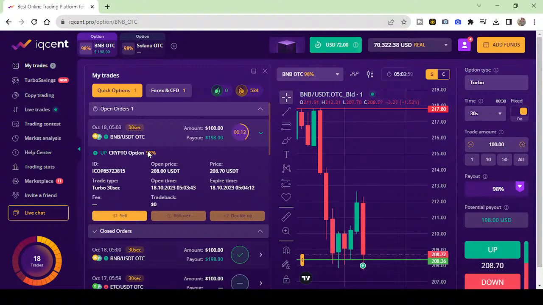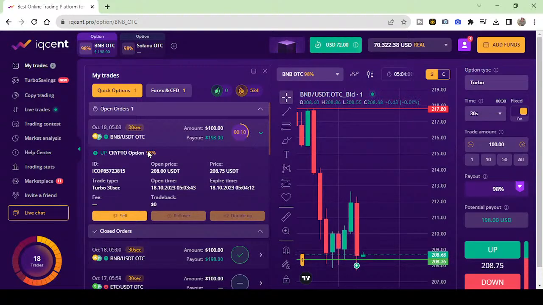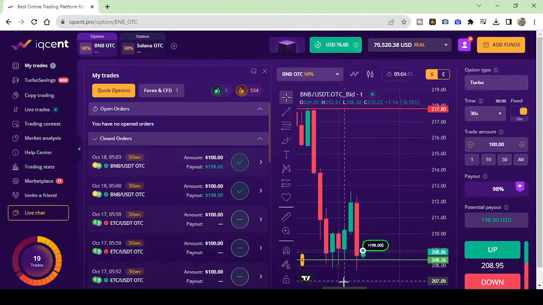For now we are deep in the money again. And another win. We got ourselves up to $196 profit.